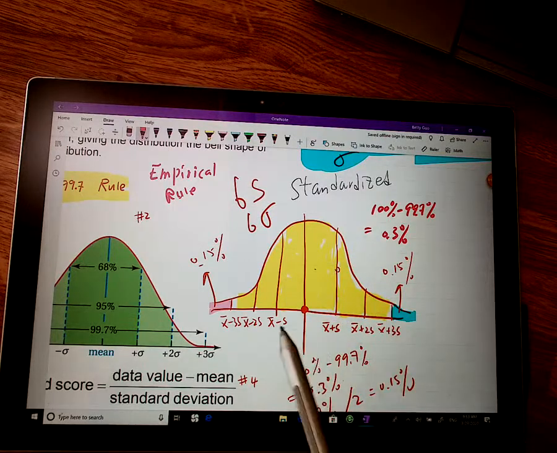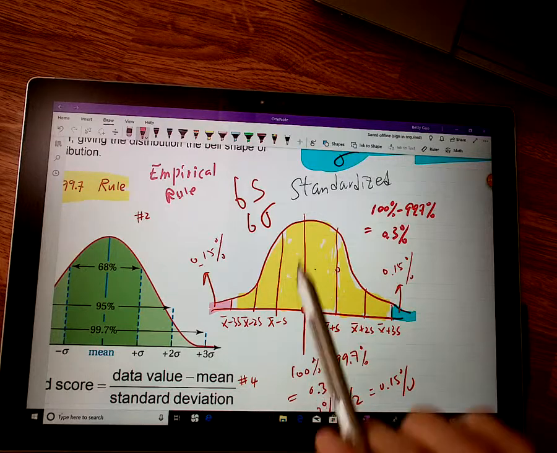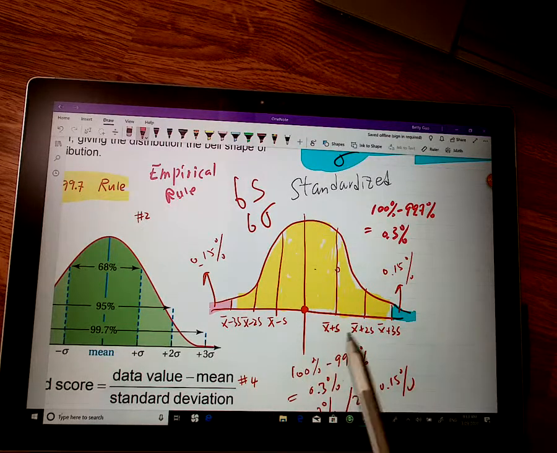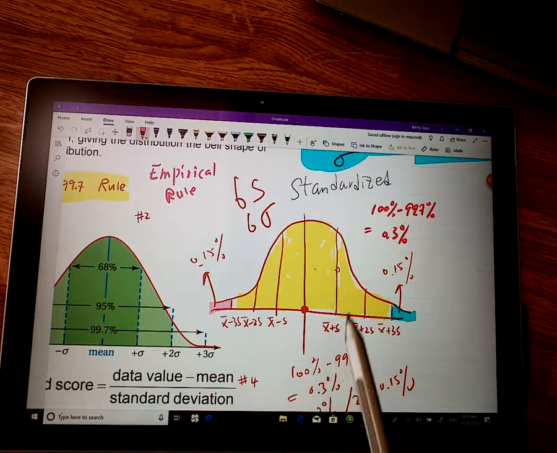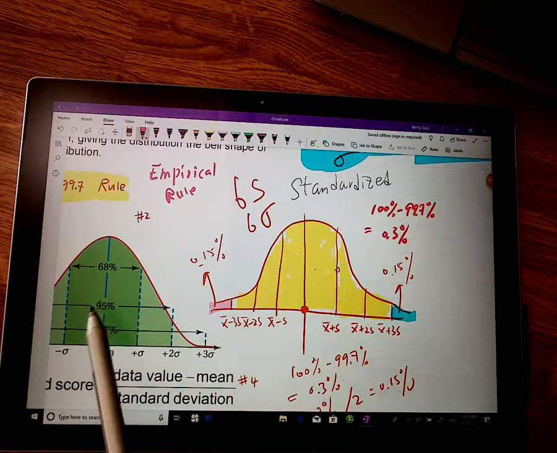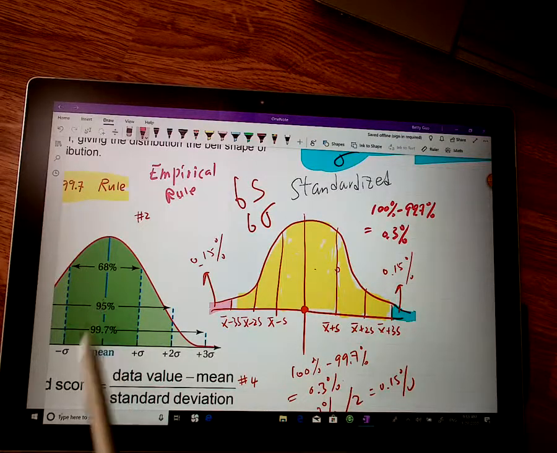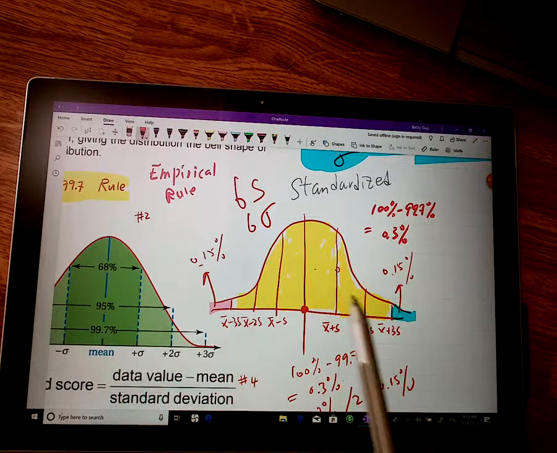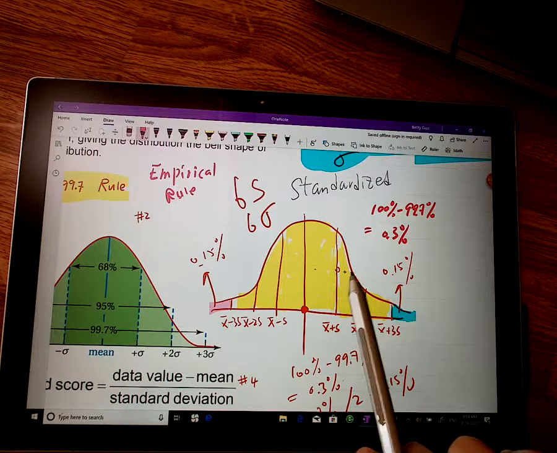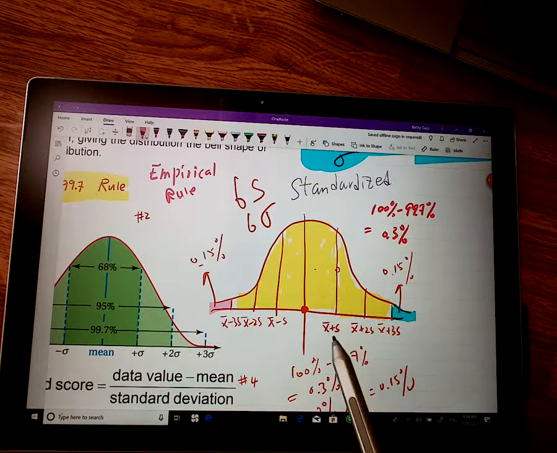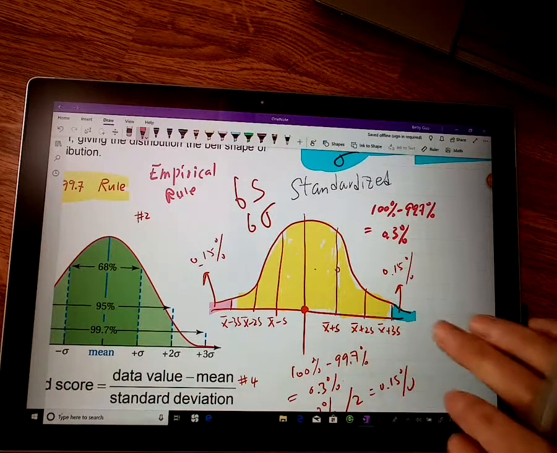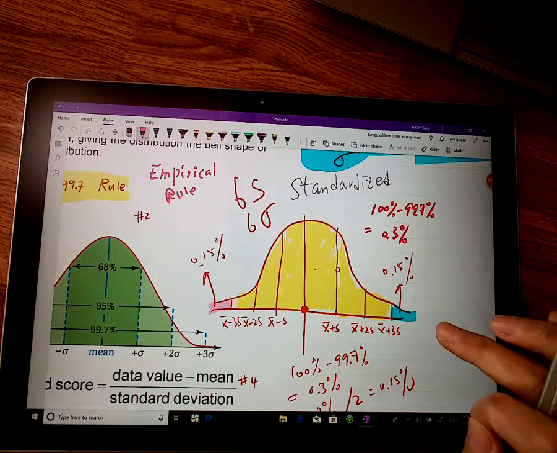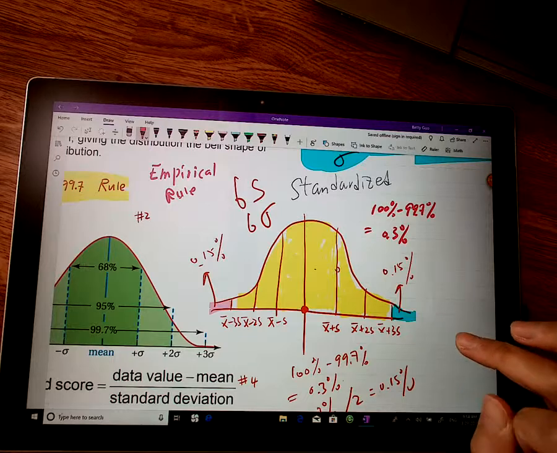But here we use the sample mean, which is going to be in the middle, and S would be the sample standard deviation. It's the same thing, just different notation. If you see the data set as a population, that's a mu and a sigma. If you see the data set as a sample, then you use the sample mean X bar and the sample standard deviation S. Am I clear about the content of this theorem?